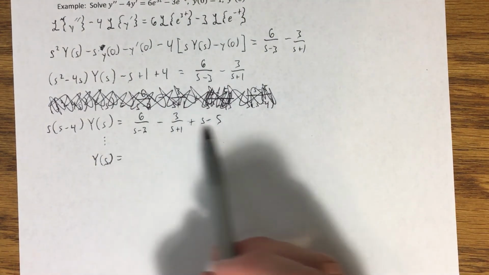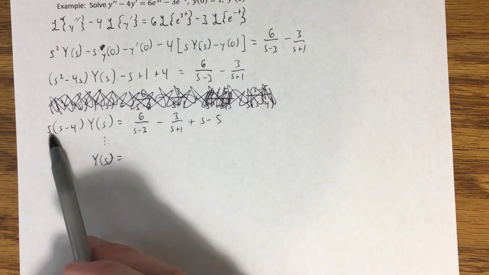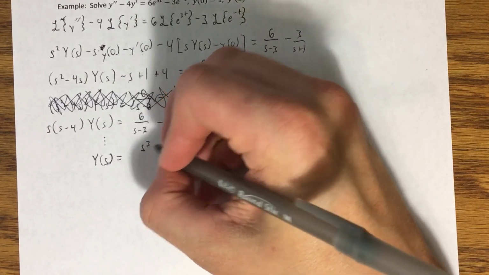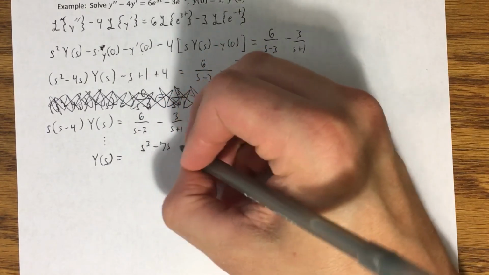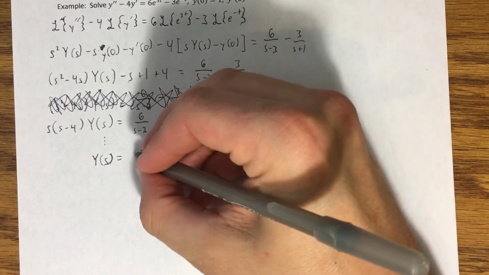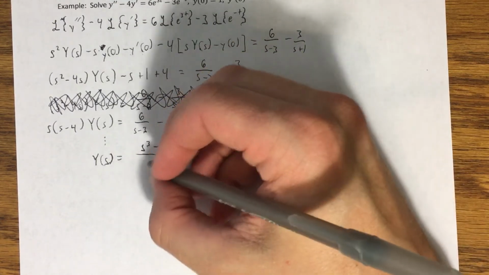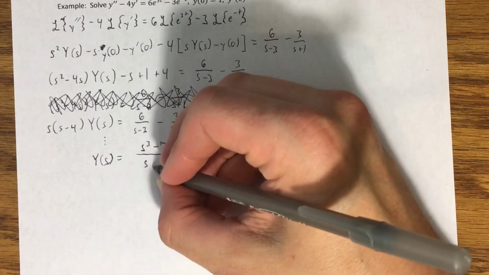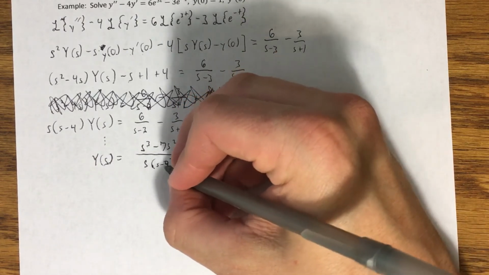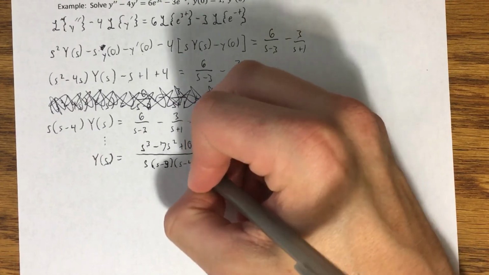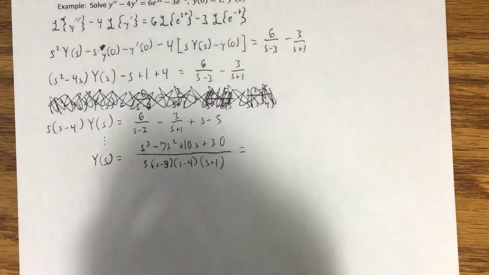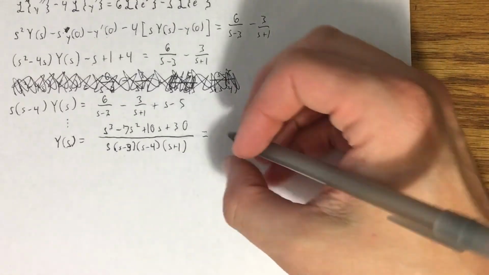Okay, so if you combine all of these into one rational expression and divide everything by s times s minus 4, what you end up getting is s cubed minus 7s squared plus 10s plus 30, all over this big common denominator of s times s minus 4. I think I put a 3 in my notes, I'll do that one: s minus 3, s minus 4, s plus 1. Okay, and this thing we need a big partial fraction decomposition of.